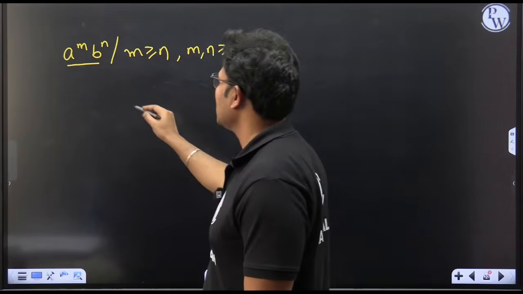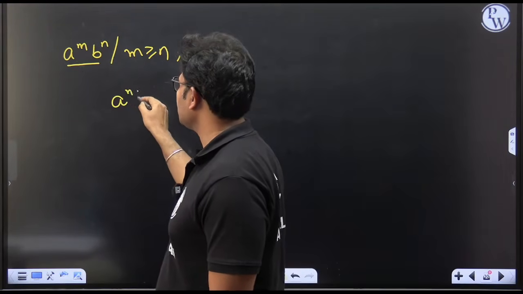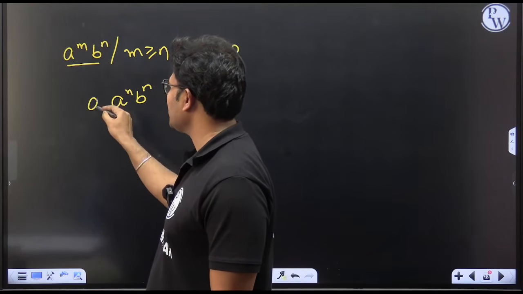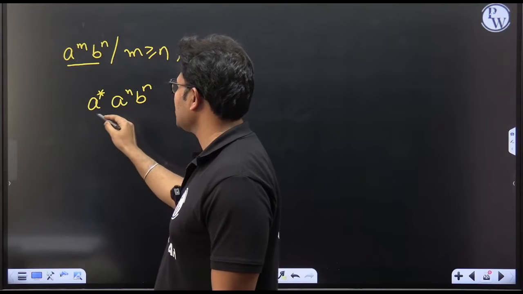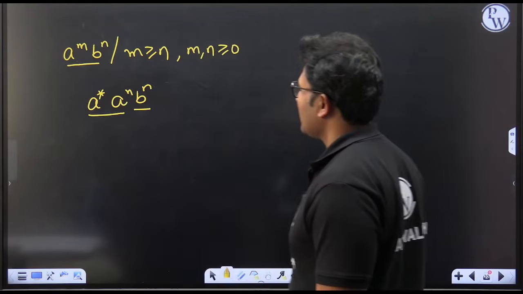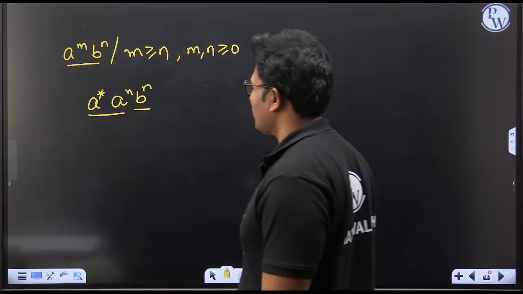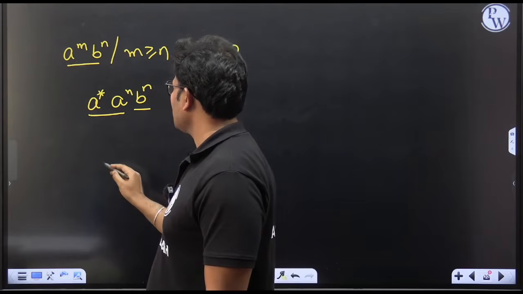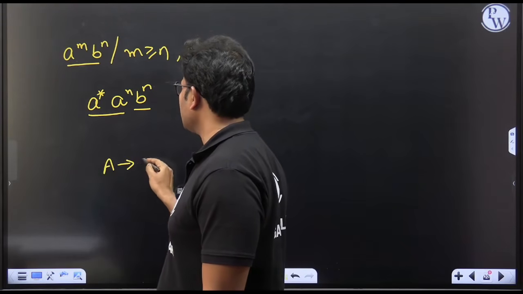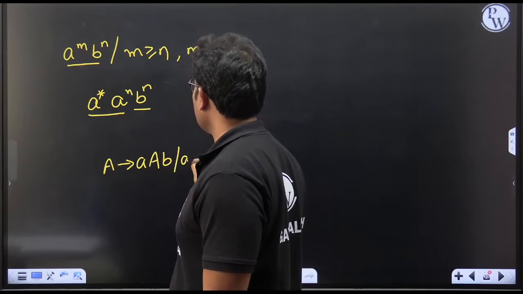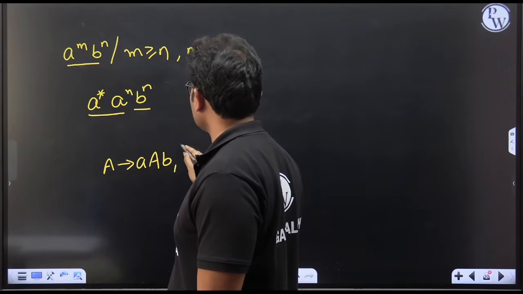First you generate equal number of A's and B's and you put a star here. Then number of A's will be greater than or equal to number of B's, right? So first you generate equal number of A's and B's. B derives A, B, or epsilon.